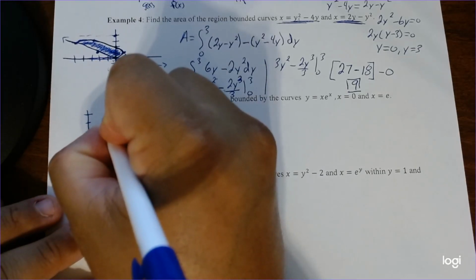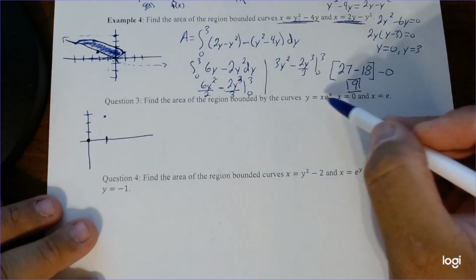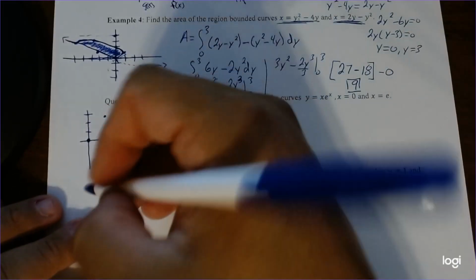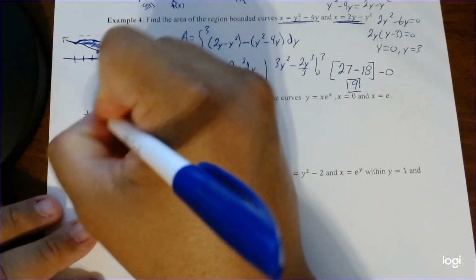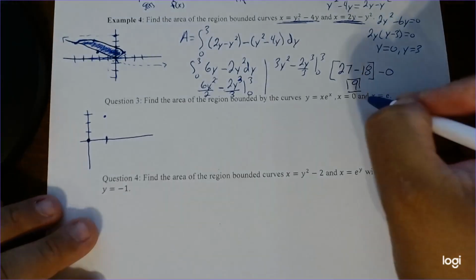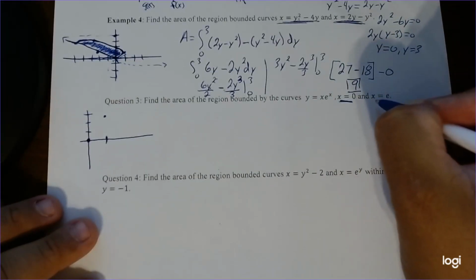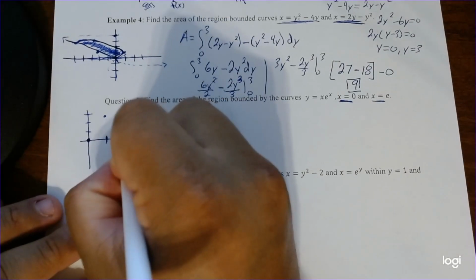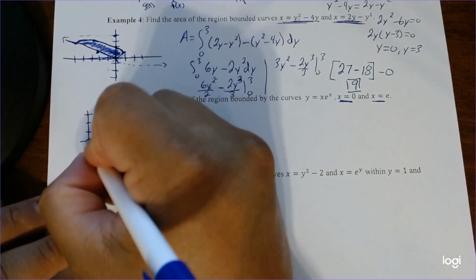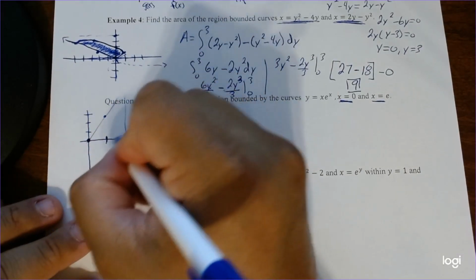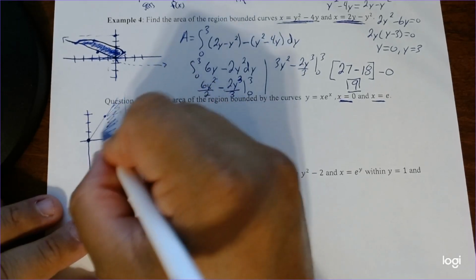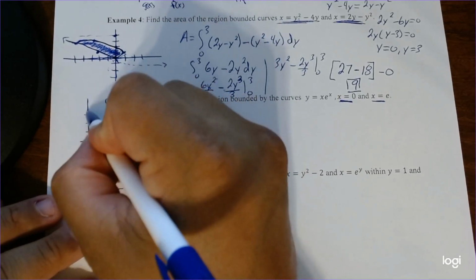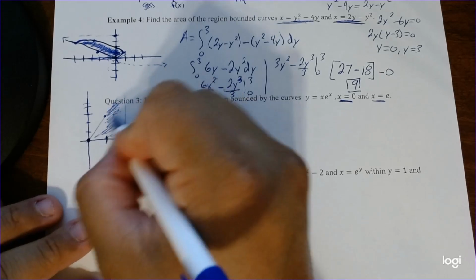X equals 2, we get 2e squared, which is shooting up really high. But the good news is we're bounded from 0 to e. So let's say e is roughly 2.7. So this is e, kind of bounded by that huge little arc there. So roughly estimate how high you go up.